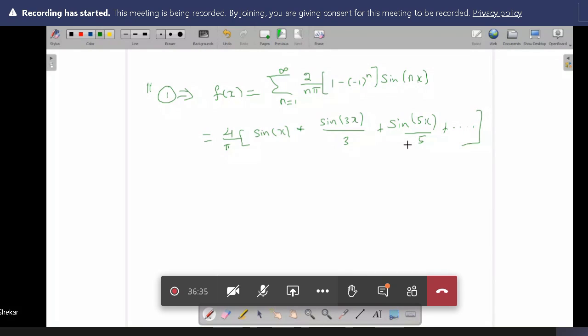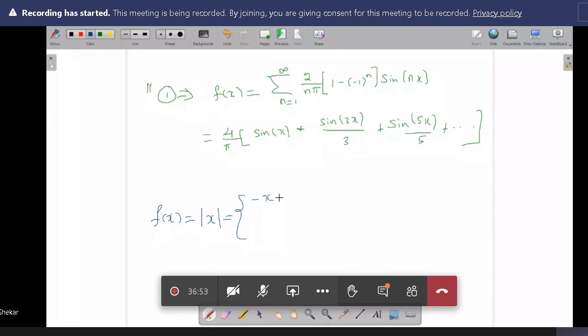So this is a simple example, and the next example, I think we have defined the function f of x is equal to mod x. This definition of mod x was taken in the previous class itself.